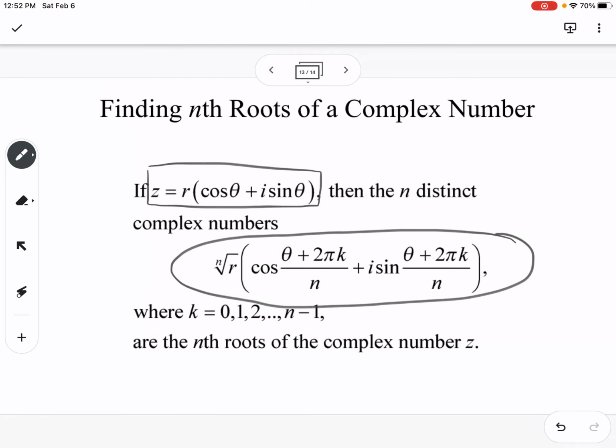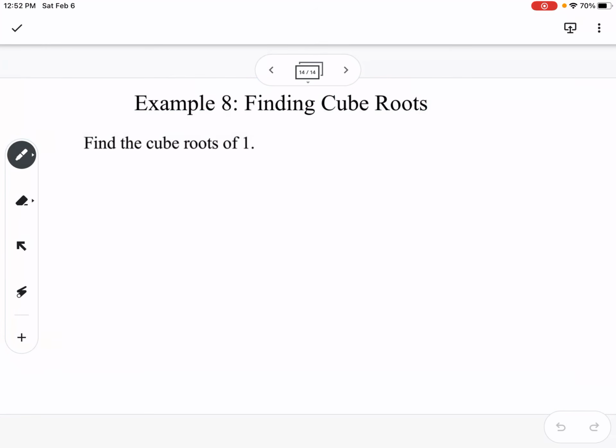Okay, so let's look at how this works. We're going to find the cube roots of 1. Cube roots means that we're looking for k equals 0, 1, and 2. We can write this in complex form as 1 plus 0i, because 1 does not have an imaginary part.